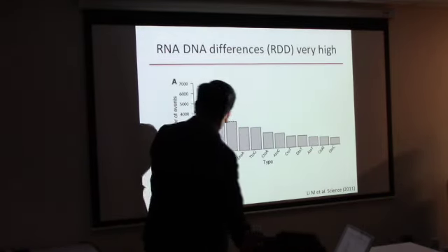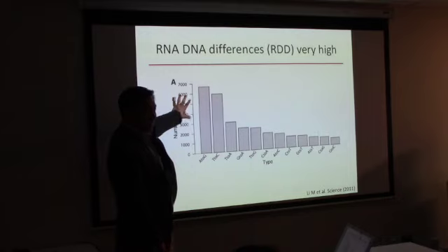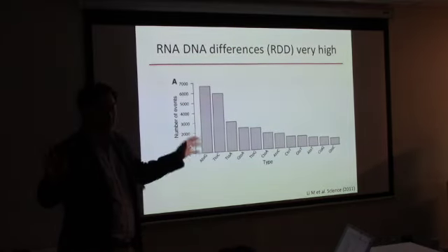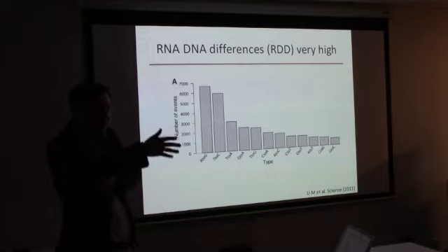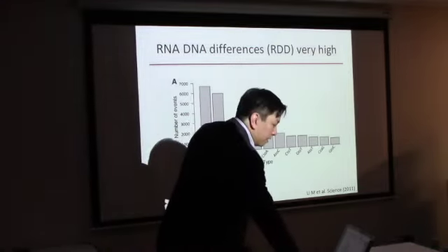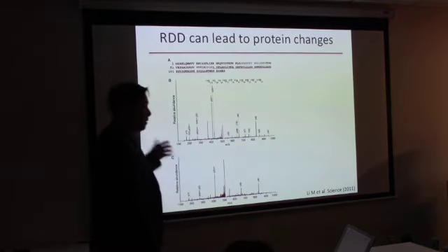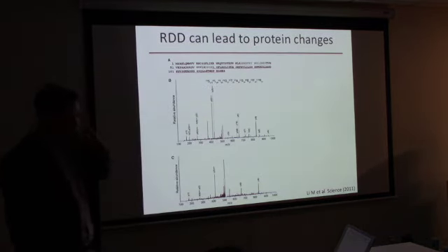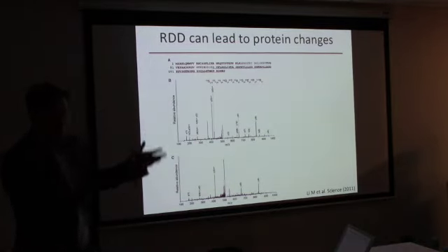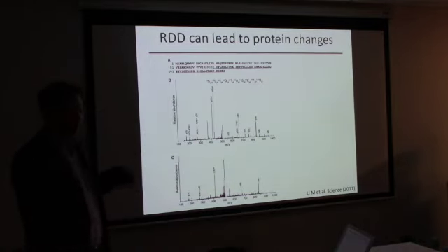They found thousands of these things, A to G events, T to C. So this was evidence of RNA editing. It's a difference that you would see in the RNA that was not in the DNA, and it looks like a mutation in the RNA. They even showed that some of them create mutated proteins that lead to a functional protein change. All right, so that's pretty cool.